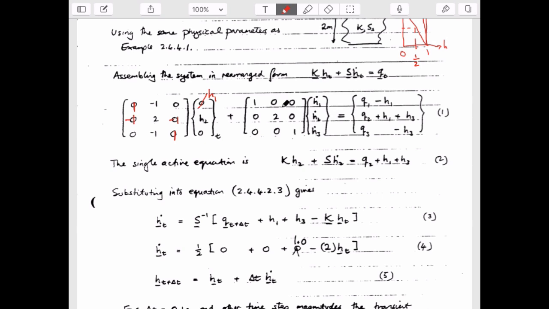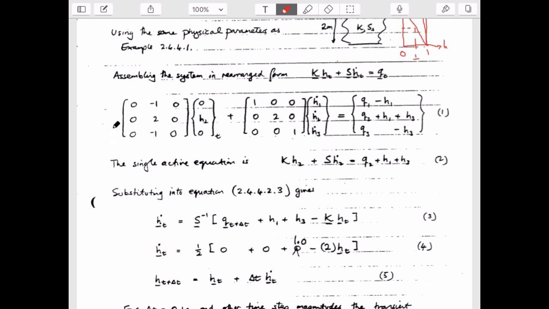So this first expression is with it rearranged already for the boundary conditions in the system. So we subtracted off this term, so this term here is this term multiplied by this, and likewise h3 multiplied by this. Okay, so I'm going to erase that because I don't want to make a mess of this.